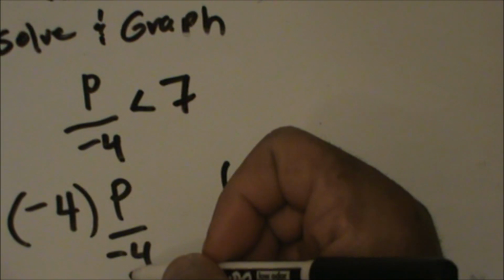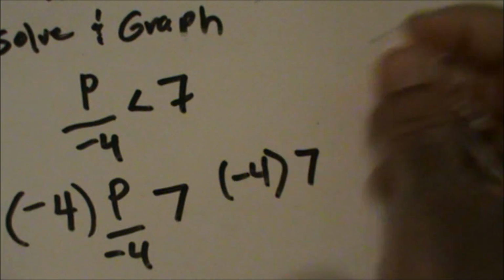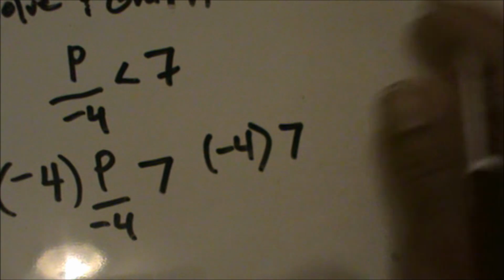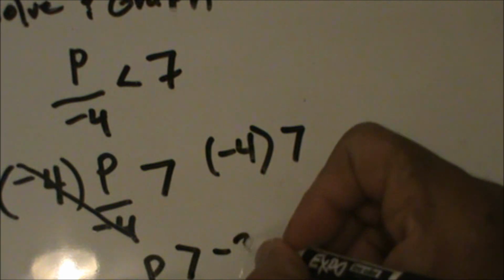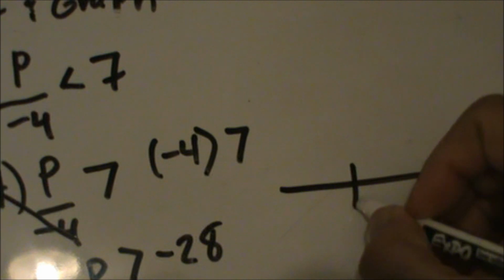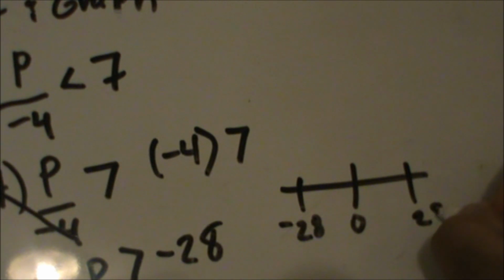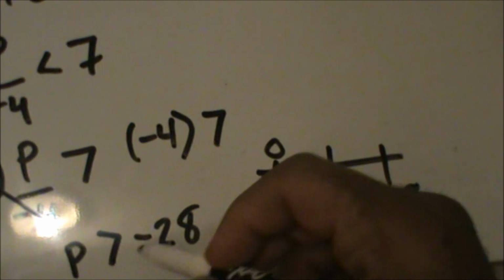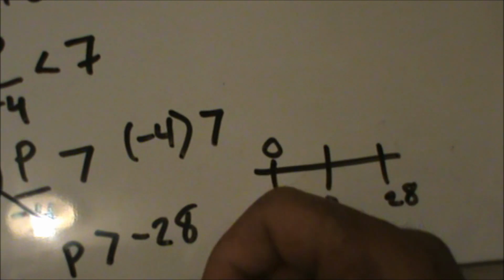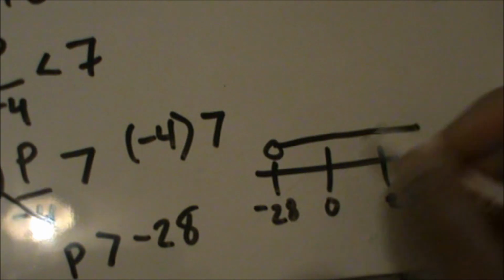C value is less than 0. That means this inequality sign from less than will turn to greater than. And then we can proceed with the operation and cancel. P is greater than negative 28. All values that are greater than negative 28. This is an open circle. All values greater than negative 28. 0 is greater than negative 28. That's the true test. So it's going to go this way.